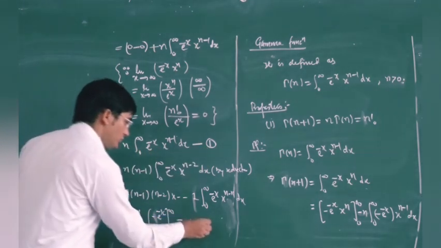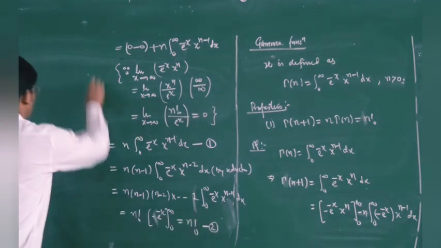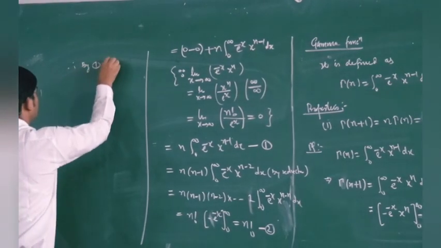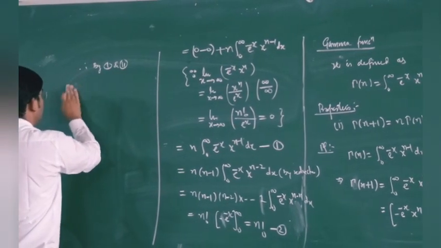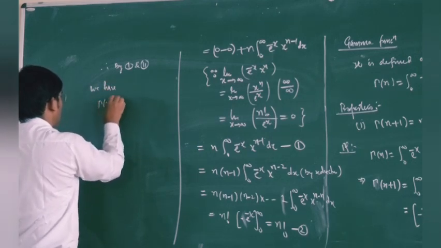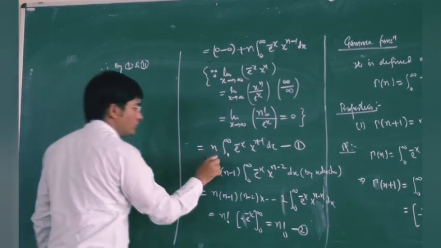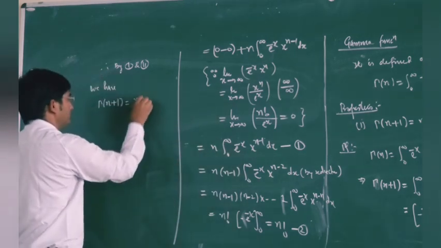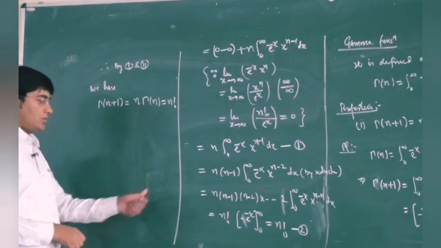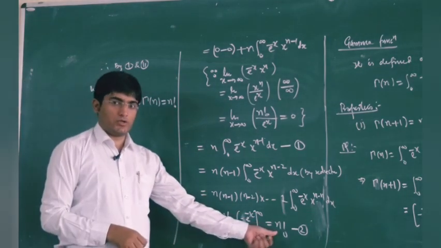So by 1 and 2, we have gamma n plus 1 equal to n into gamma n, and this is further equal to factorial n.